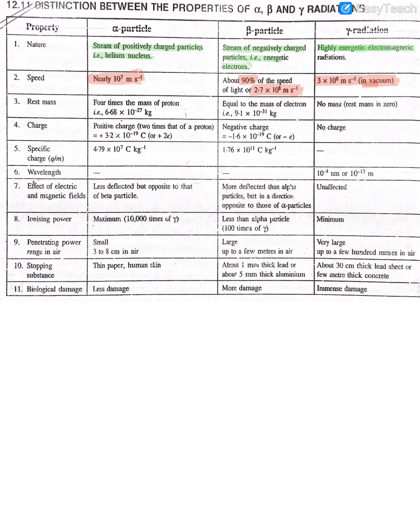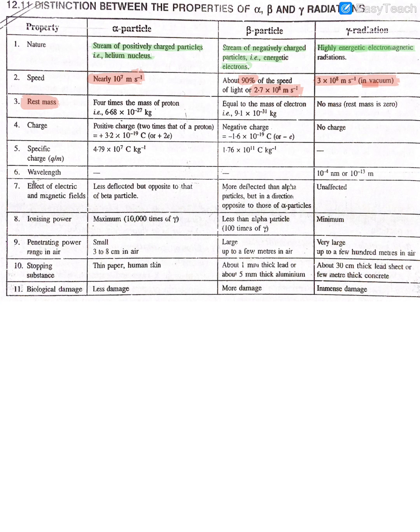Then the rest mass. What do we mean by rest mass? You learned in the 9th standard in the theory of relativity that when a body travels very close to the speed of light, its mass starts increasing; it does not remain constant. So rest mass is the mass of these particles when they are at rest, because at very high speed the masses keep changing.